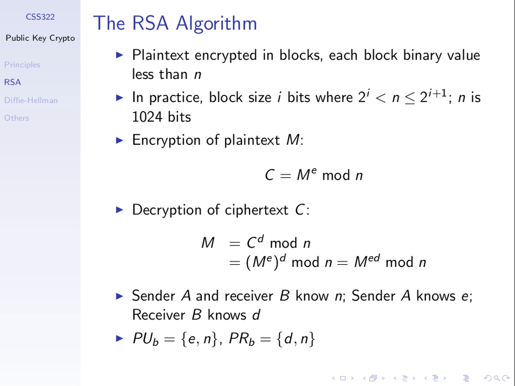What does this say about our values? E times D mod something equals 1. What's the relationship between E and D? Write it more generally: A times B mod x equals 1.